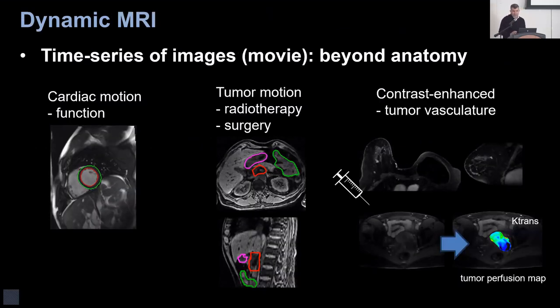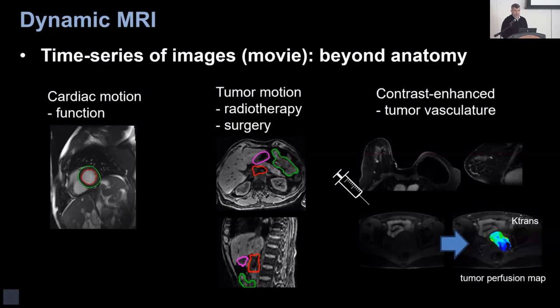In dynamic MRI, we're actually acquiring a video, a time series of images where the video shows physiological information that goes beyond the anatomical information in static images.